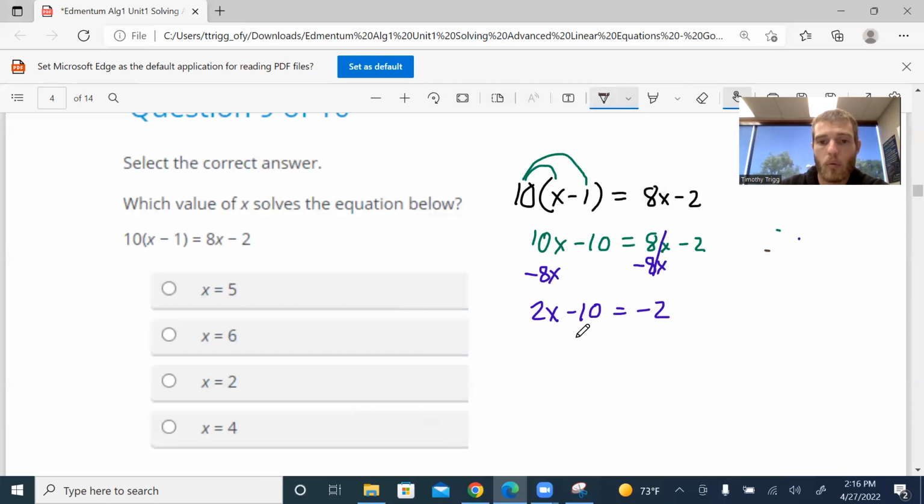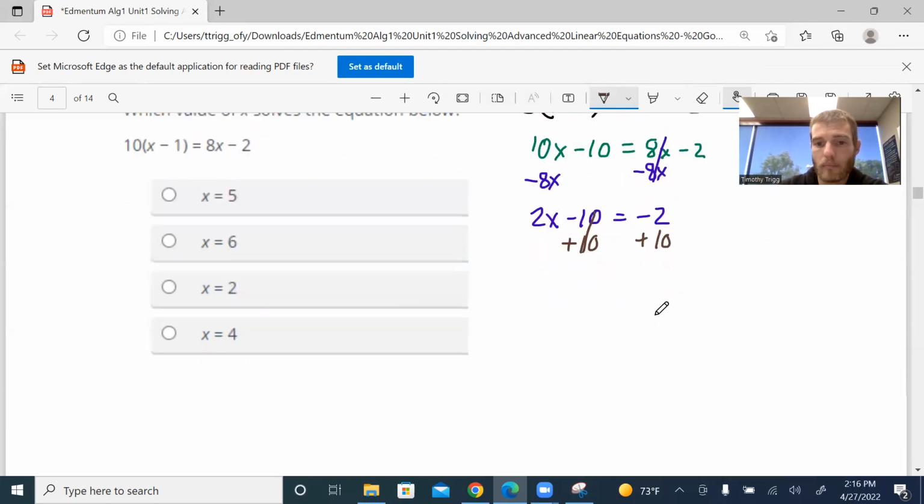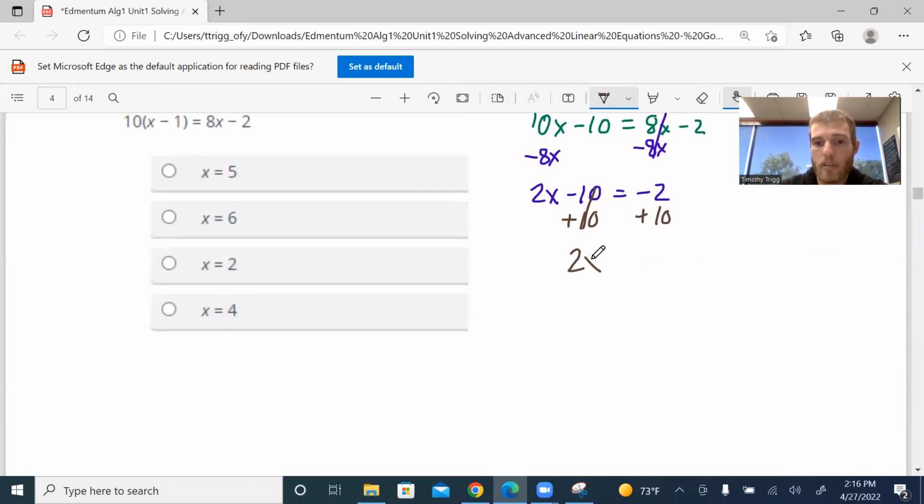Next, we're going to go ahead and add 10 and add 10 to the right as well. This gives us 2x equals negative 2 plus 10. I know it says plus, but we actually subtract these because they're different signs. But it's going to be 8 in this case because we have more positives, so positive 8.